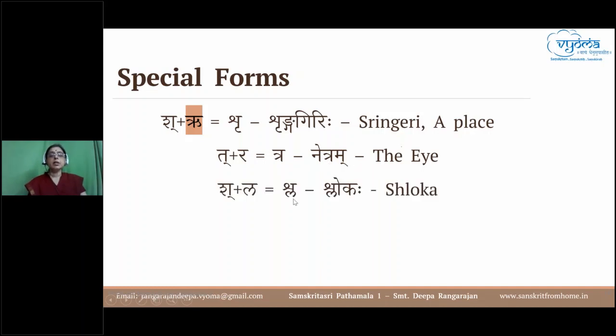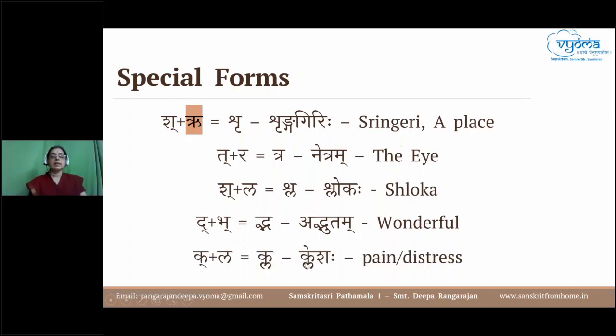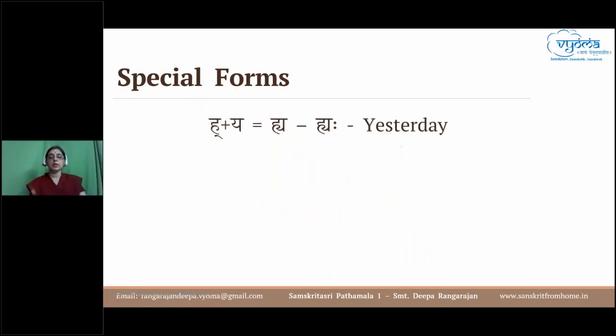Sh plus la, shla. This is the talavya shakara. And the word is shlokaha. Shlokaha is shloka. Dakara and bhakara, fourth bha of the pavarga. Adbhutam means wonderful. Kla is in kleshaha, pain or distress. These are some additional words that I have given you.